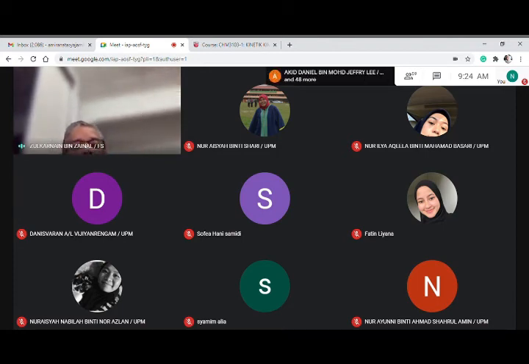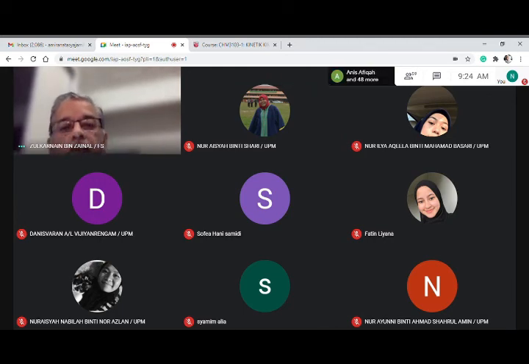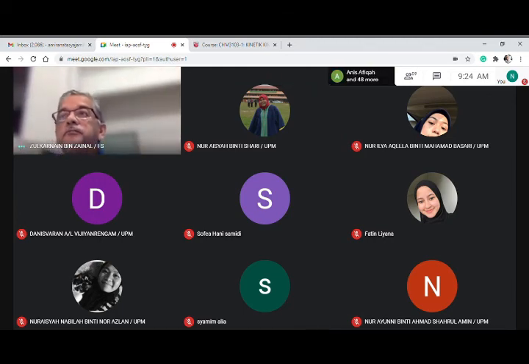So we have finished with the catalyst reaction. In catalyst reaction, we have seen two main things. One is acid-base reaction, or acid-base catalysis, and the other one is enzyme catalysis. Both are homogeneous reactions.